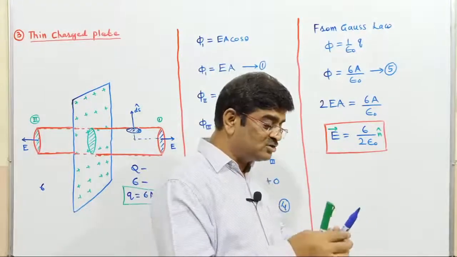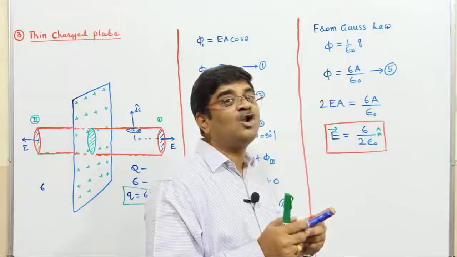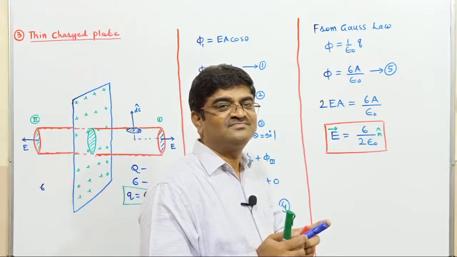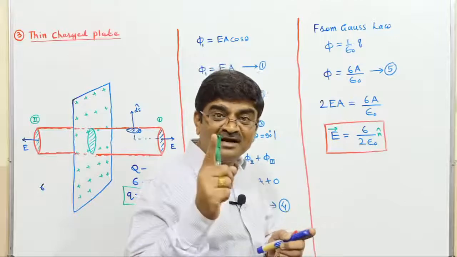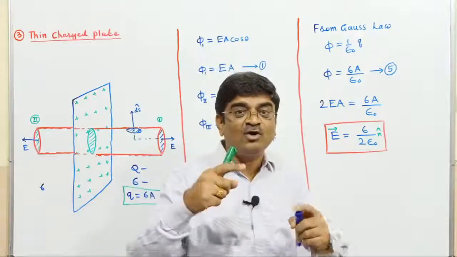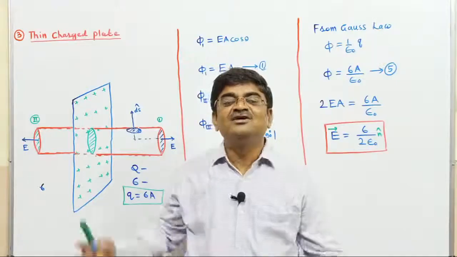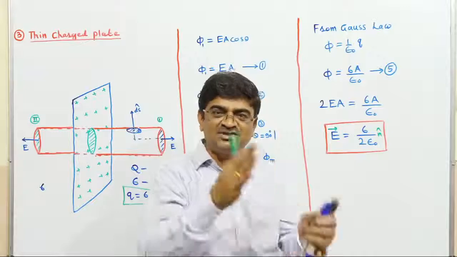Look at this expression. You can see, as long as you are close to the sheet, you are going to have electric intensity independent of your distance from the sheet. But you should not go very far. If you go very far, what is going to happen? The sheet becomes a point charge again. The charge on the sheet becomes a point charge instead of continuous.